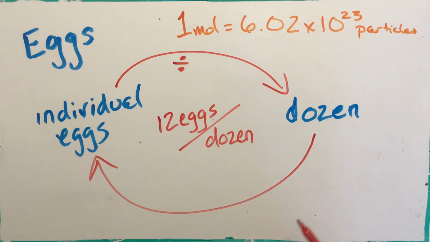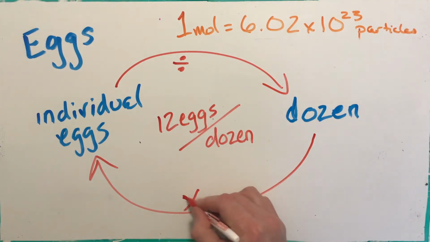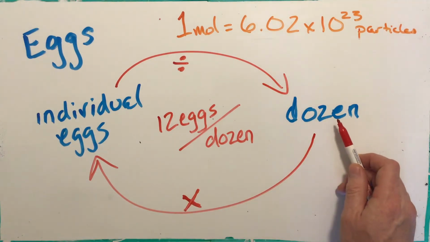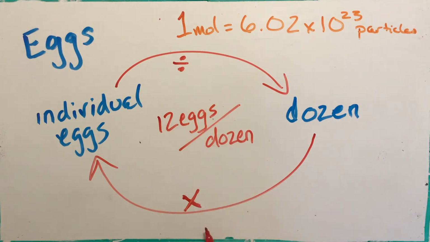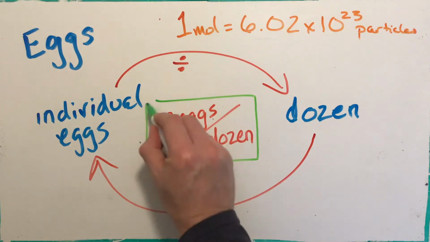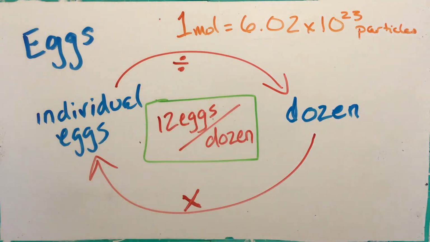But this time, because we started at dozens, she multiplied. 3 dozens times 12 eggs in every dozen gives 36 eggs. So this right here is our conversion factor. We need to know that fact to be able to go back and forth.